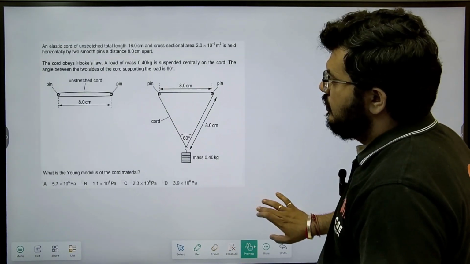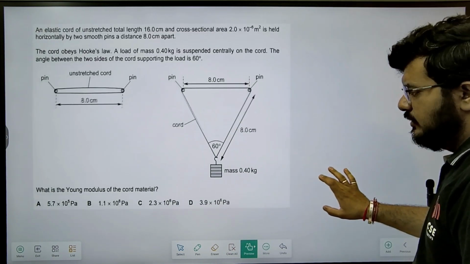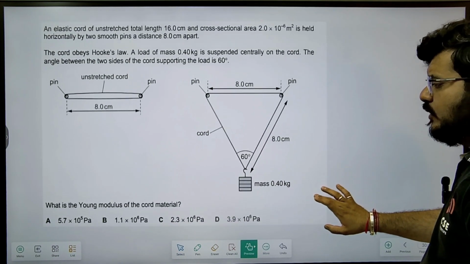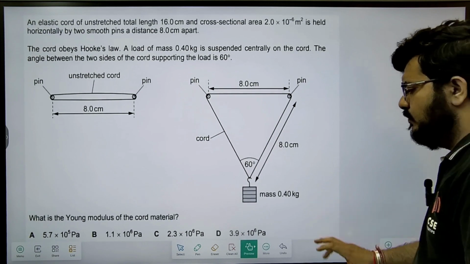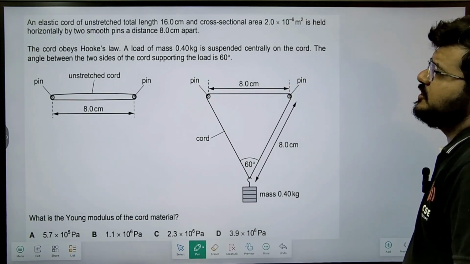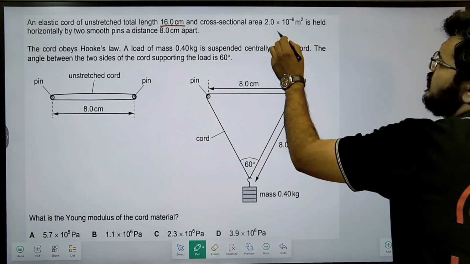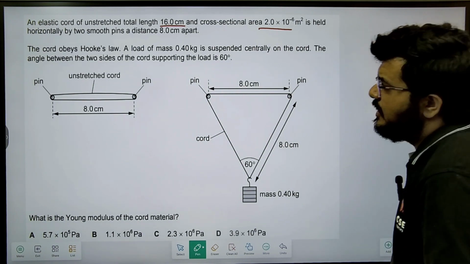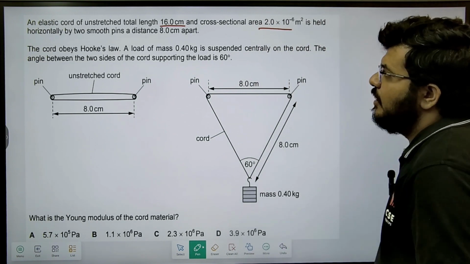Now this question has been asked to me by my offline kids many times, and I don't know if it's difficult for all of you or not, but let's try this question. An elastic cord of unstretched length 16 centimeter, cross section 2.0 into 10 to the power minus 6 meter square, is held horizontally by two smooth pins at a distance 8 centimeter apart.